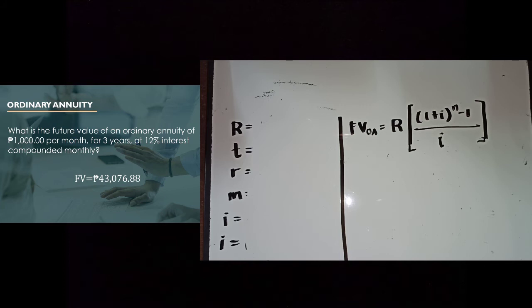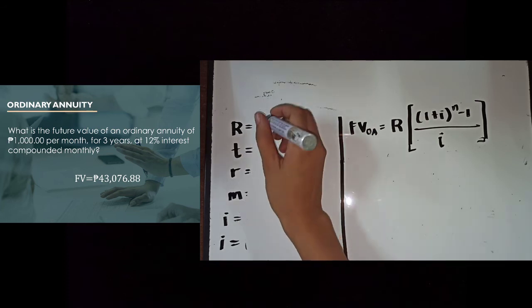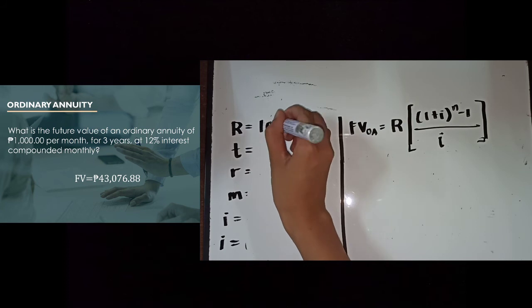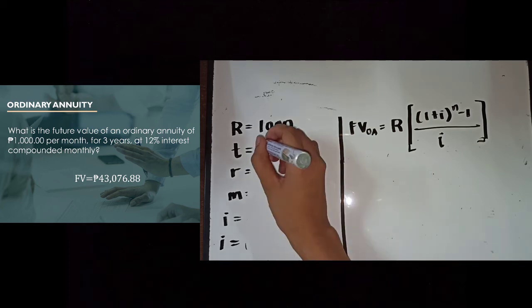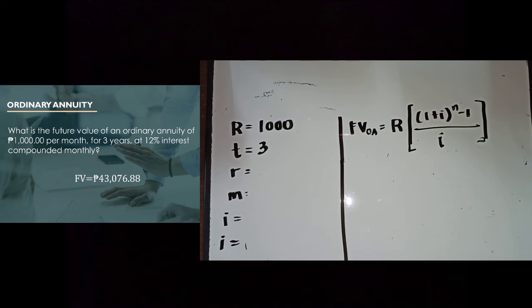What is our repayment? Our repayment, or our PMT, is 1,000 pesos. The value of your T, this is the time in years, so we have 3.